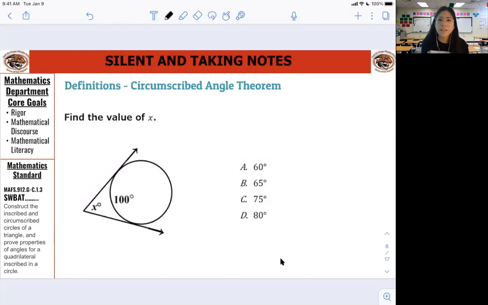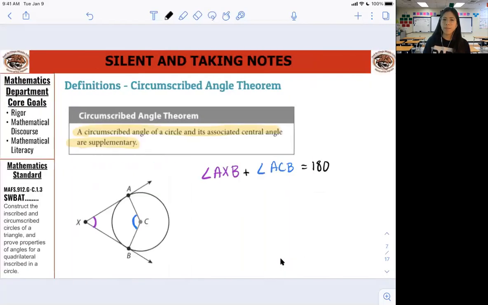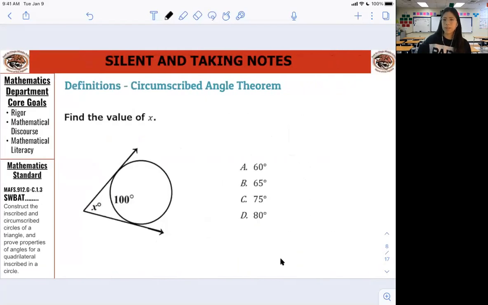Perla says 80. They are supplementary. But hold up, I just wrote down that the central angle is supplementary. So is that the same thing? Is it the central angle? What do you guys think? Is Perla right or is Perla wrong?